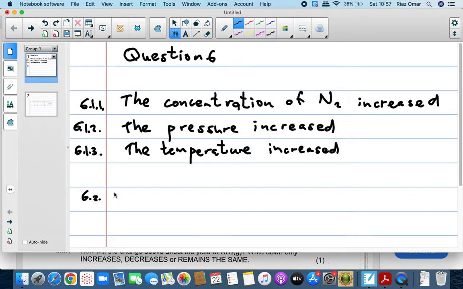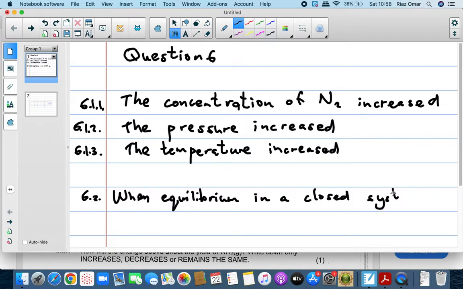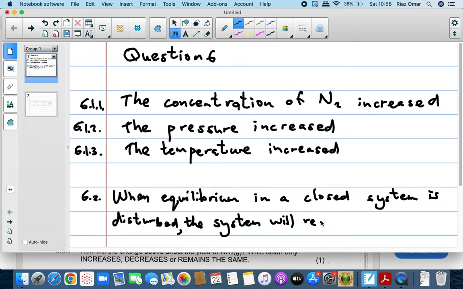We can say that when an equilibrium in a closed system is disturbed, the system will reinstate a new equilibrium.